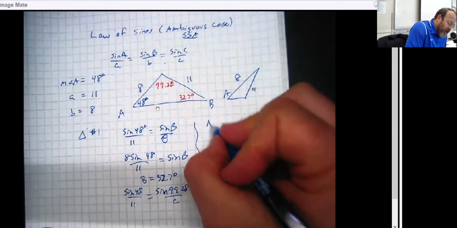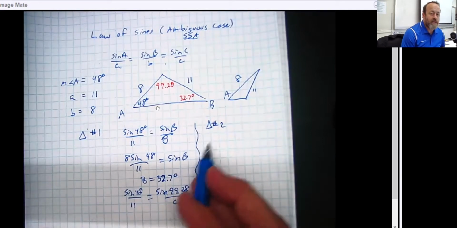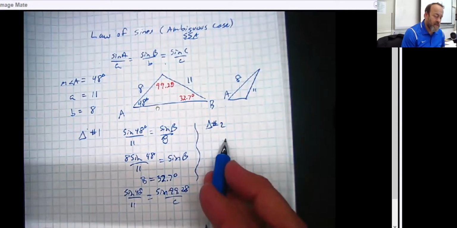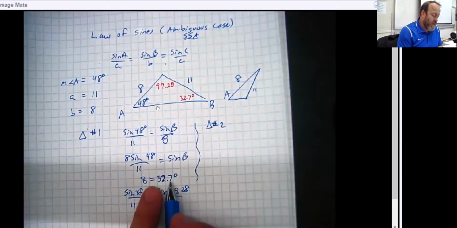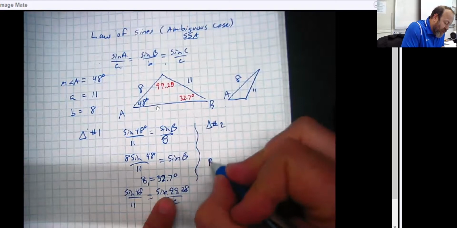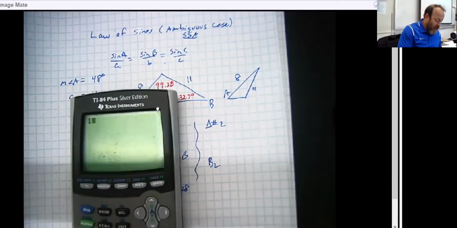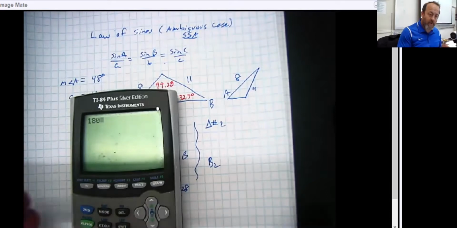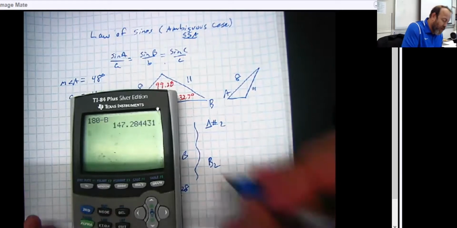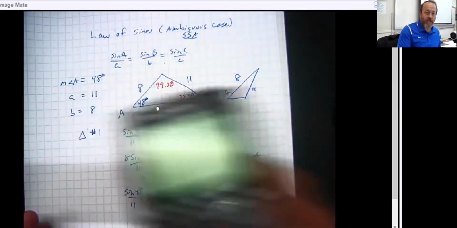But if there is a triangle number 2, keep in mind this is ambiguous, and as we talked about in class, sometimes this triangle happens and sometimes it doesn't. So we're going to take this first angle that we found, calling it B1, and we're going to find B2 over here. For that alternate version of B, you always take 180 minus the first angle we found, and I got 147.